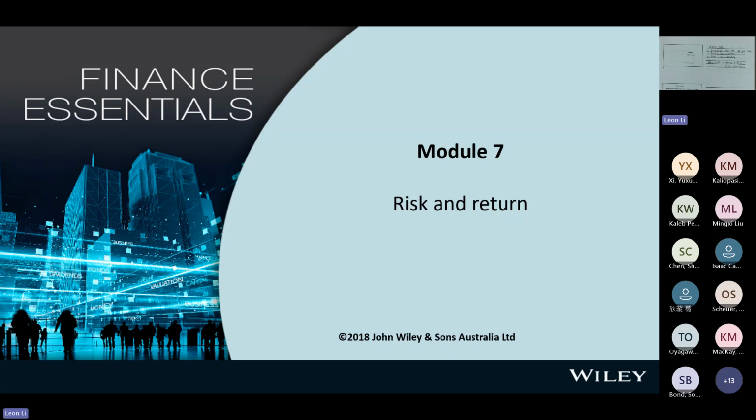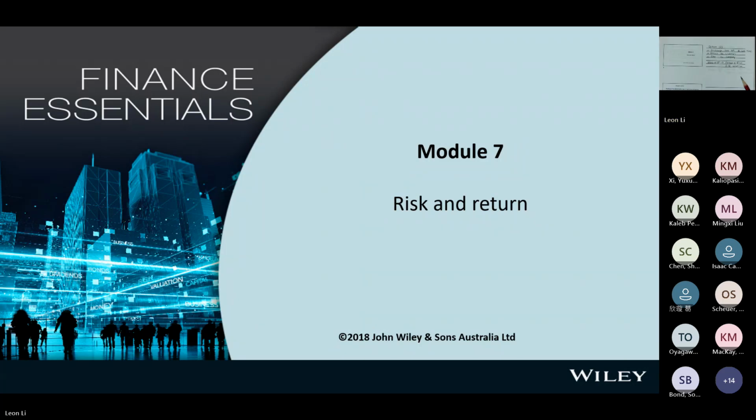And risk, we know return depends on risk. So in this chapter, we are going to show you how to calculate return and risk. The answer is here: we use market data. The market will determine the price, then we use the price data to calculate return and risk.